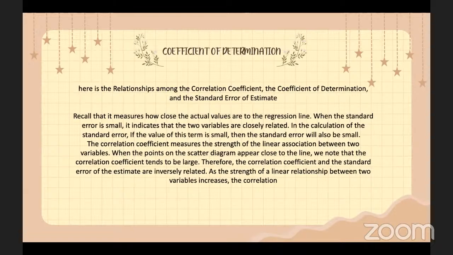The correlation coefficient measures the strength of the linear association between two variables. When the points on the scatter diagram appear close to the line, the correlation coefficient tends to be large. Therefore, the correlation coefficient and the standard error of the estimate are inversely related, as the strength of a linear relationship between two variables increases.